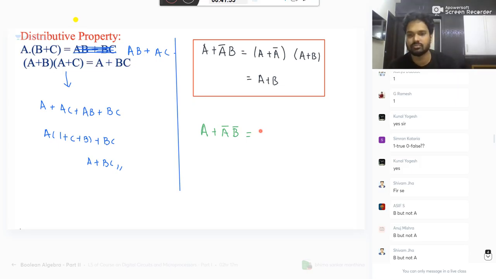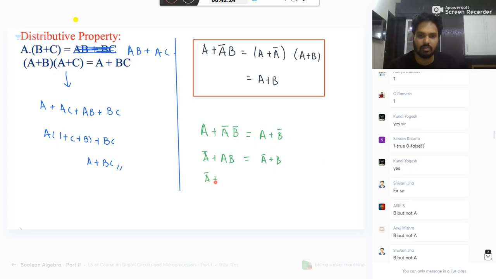Okay, A plus B bar. Next, A plus A bar plus AB. Now tell me. Is it clear? Same rule, if you apply A plus A bar into A plus B bar will come. Answer is A plus B bar. What is A bar plus AB? A bar plus A into A bar plus B, which is A bar plus B.